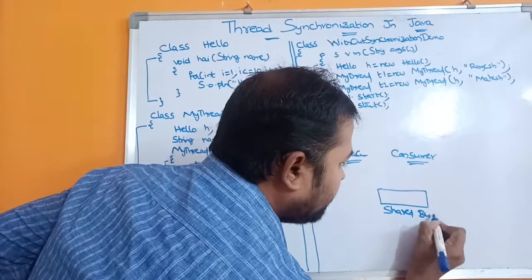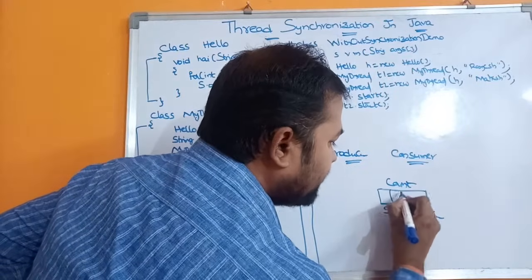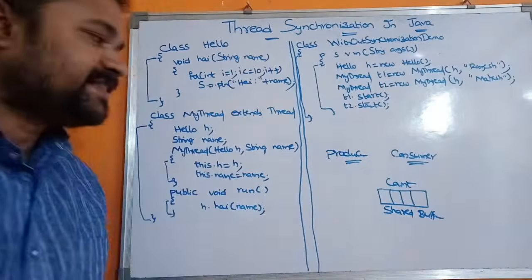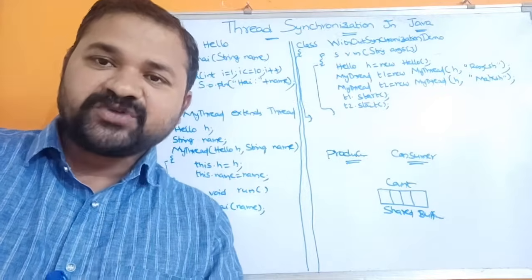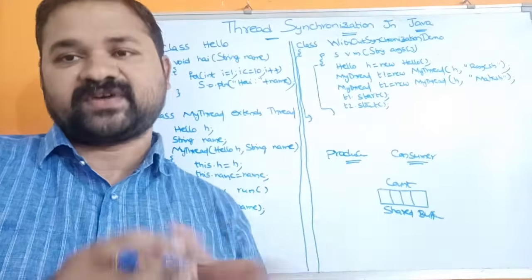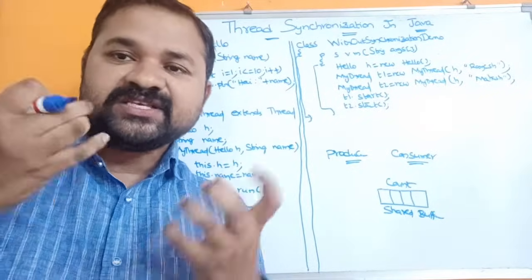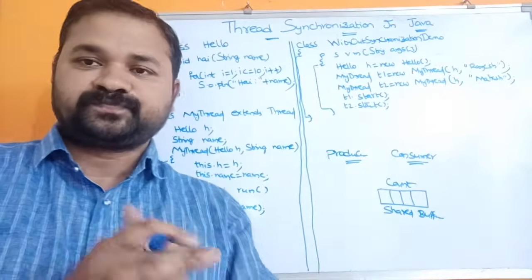Here in the shared buffer we are using a variable called count. Count denotes the number of items in the buffer. Suppose if count value is 5, then it specifies that there are 5 items in the buffer. Suppose if count value is 2, then there are 2 items in the buffer.